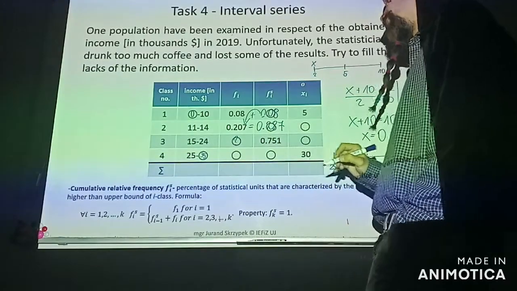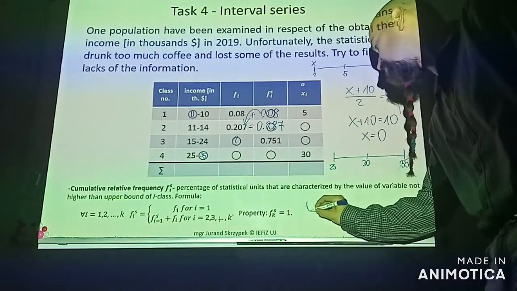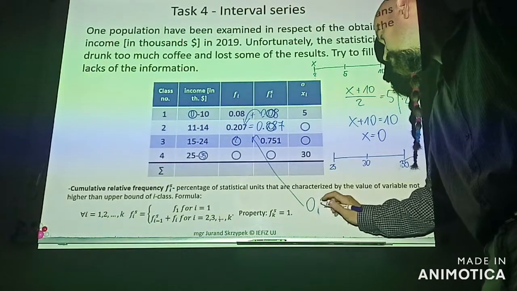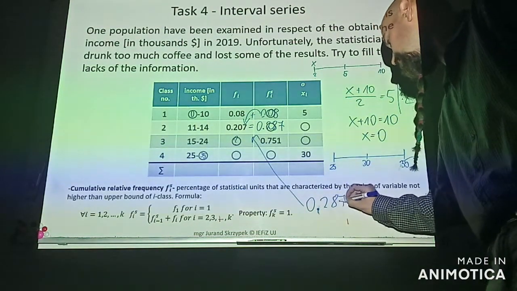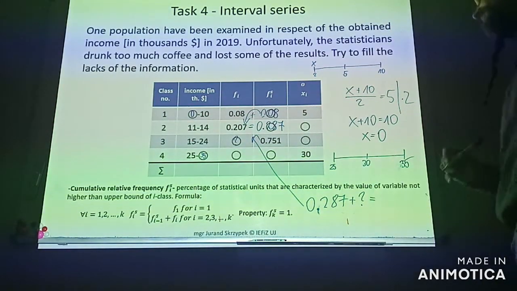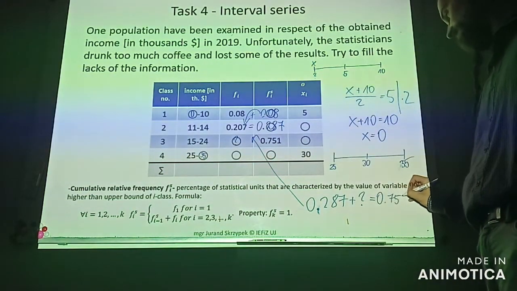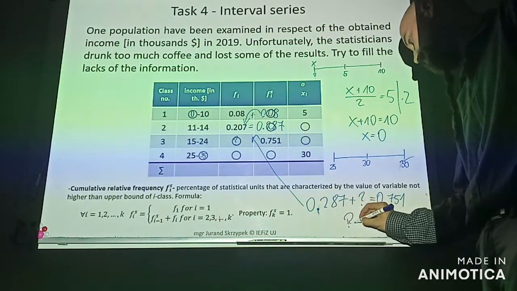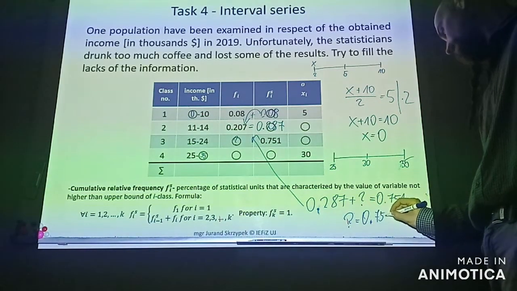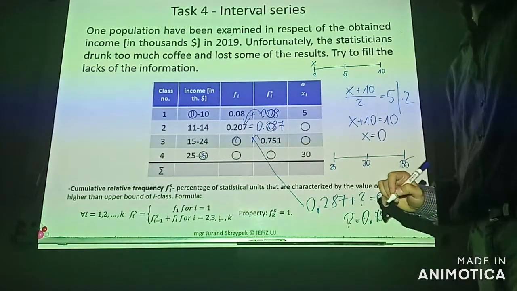How about this value? It's very simple. 0.287 plus a known value gives us how many? 0.751. So the known value is 0.751 minus 0.287.